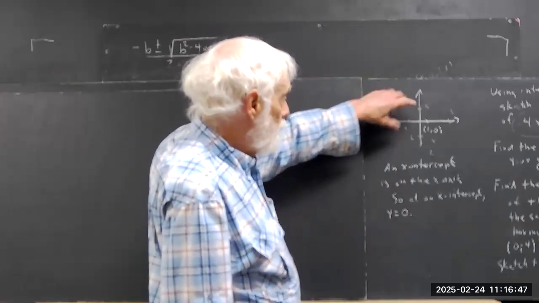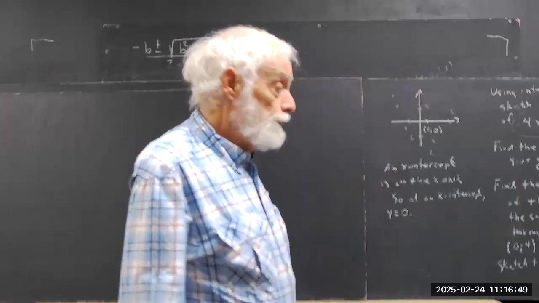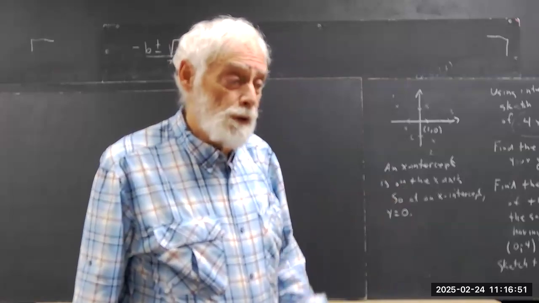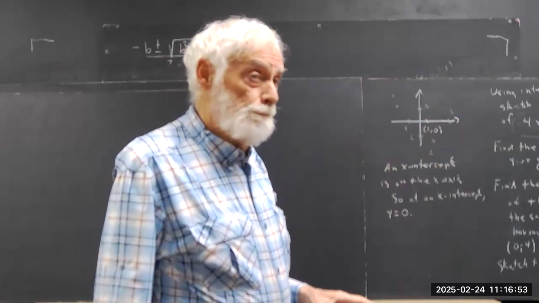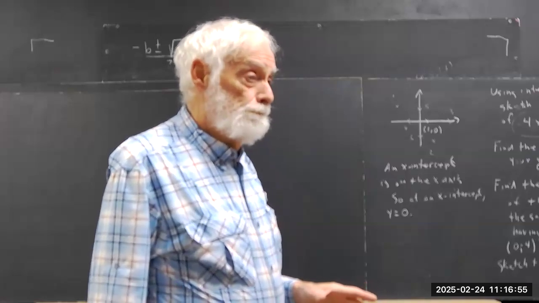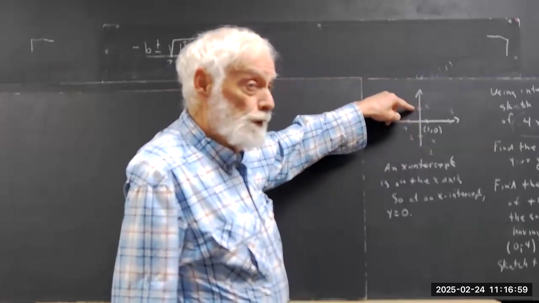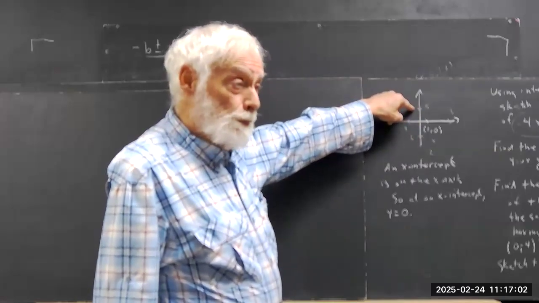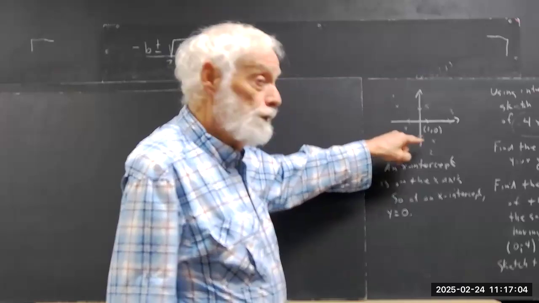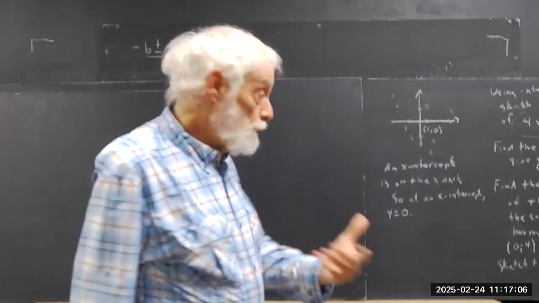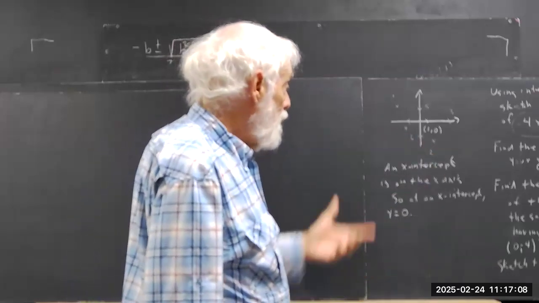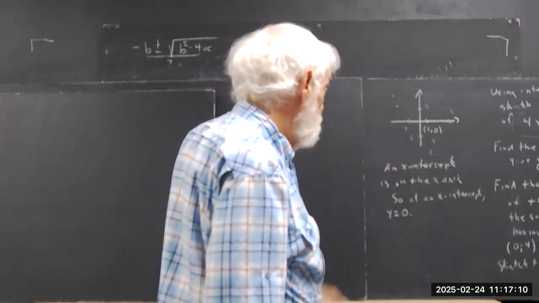Now, can you give me the number of a point 1 through 6 that has an x coordinate of 0? Yeah. 5 has an x coordinate of 0. Is there another one? Yeah. Everybody's going to see it, it's 6. Okay, so points 5 and 6 have x coordinate 0.